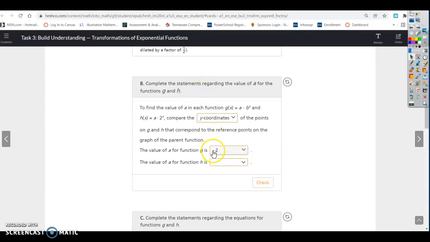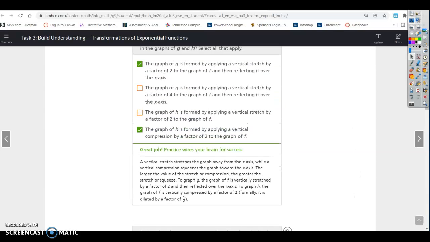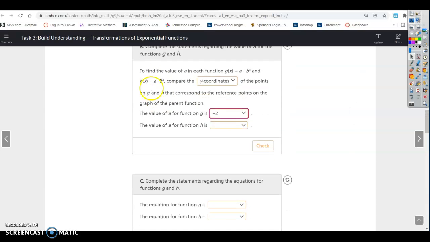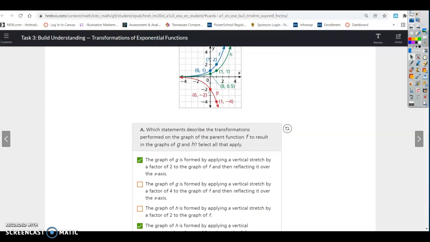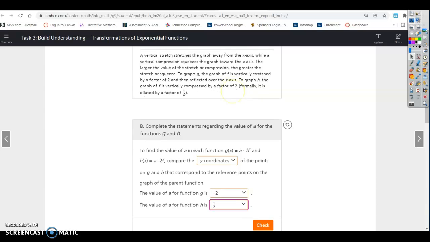So even though we show here that it has a stretch of 2, it also has been reflected across the x-axis. And the value of a for h is 1/2 because, again, it had a 0.5. When we looked at it right here, this y value is 0.5.